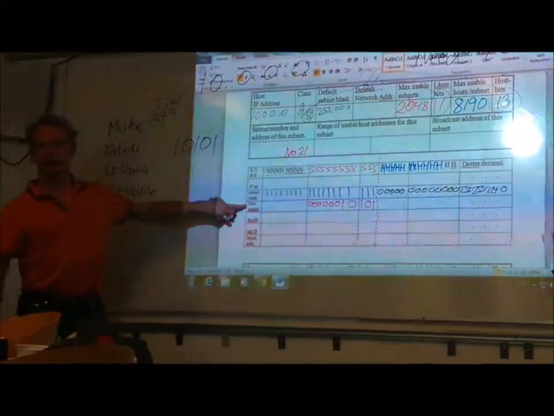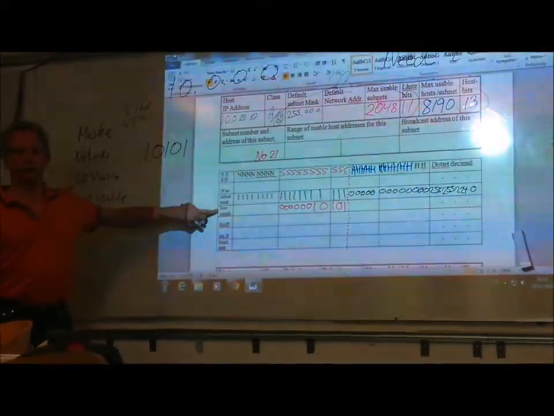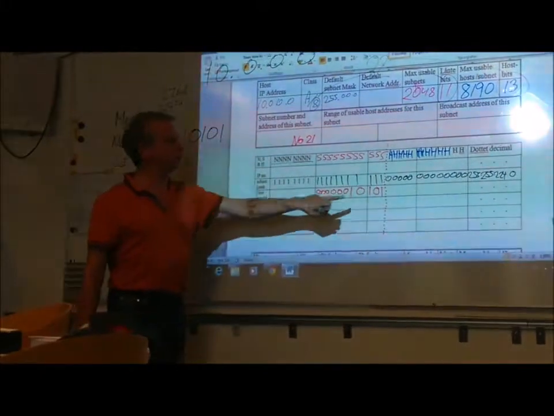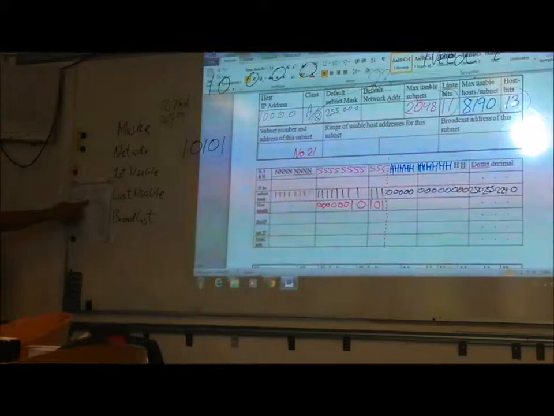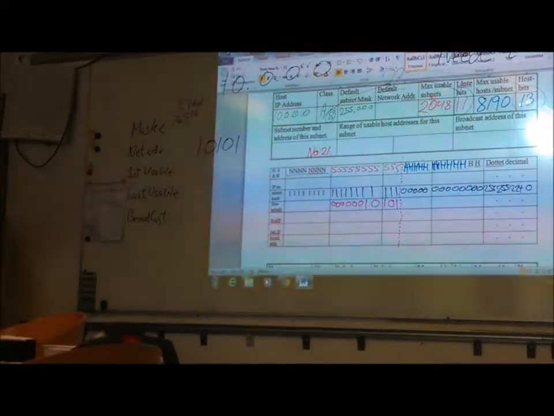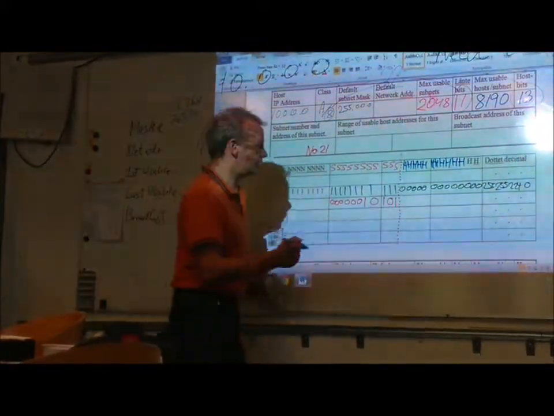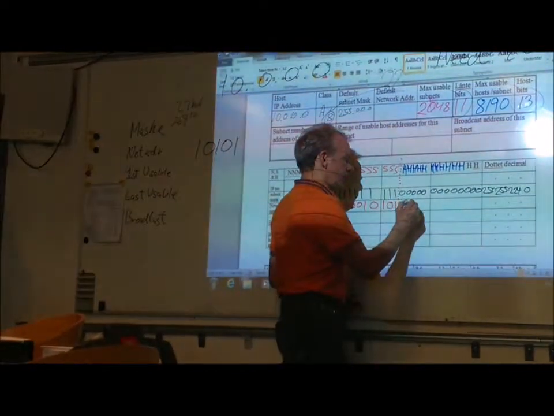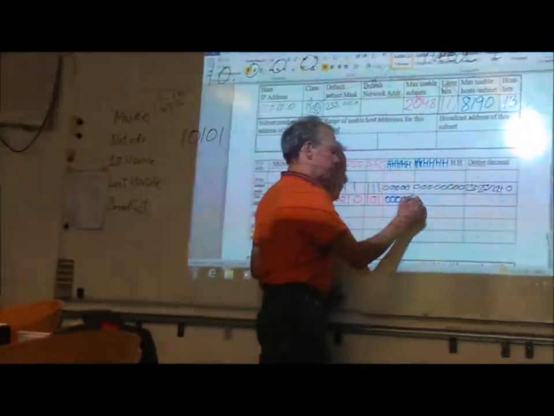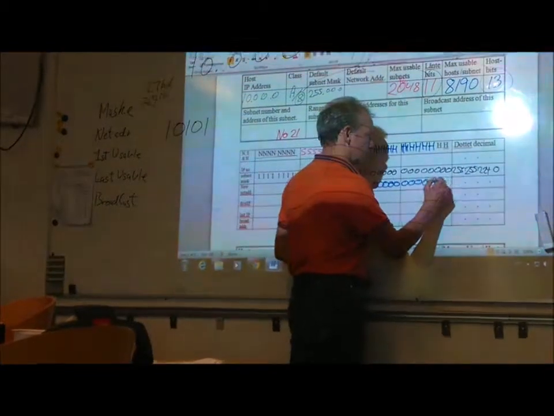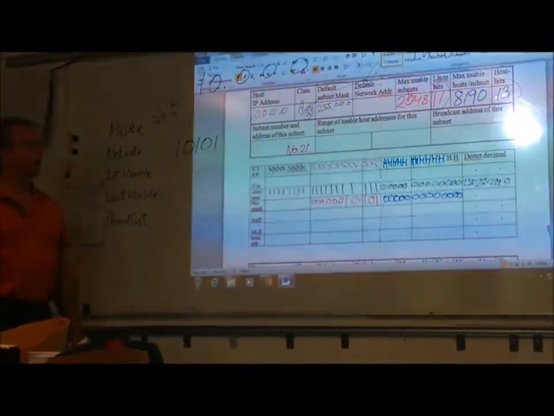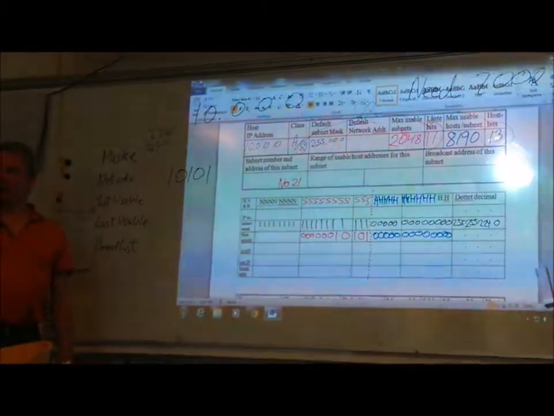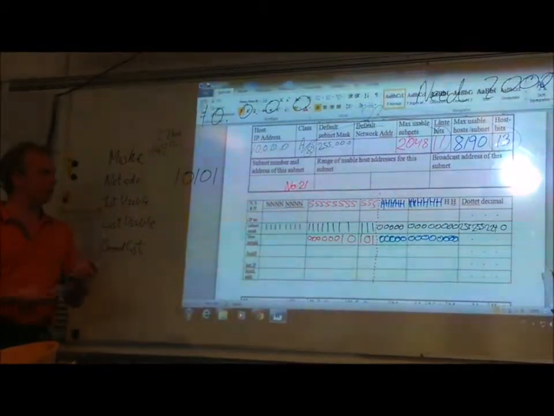Okay, what we're finding right now is the network address. If you can't remember, take a look at your subnet cheat sheet. All host bits are 0 in the network address. So, put zeros for host bits. Then, take a look at your boxes, figuring out what is the actual number in each box. This one is 2.